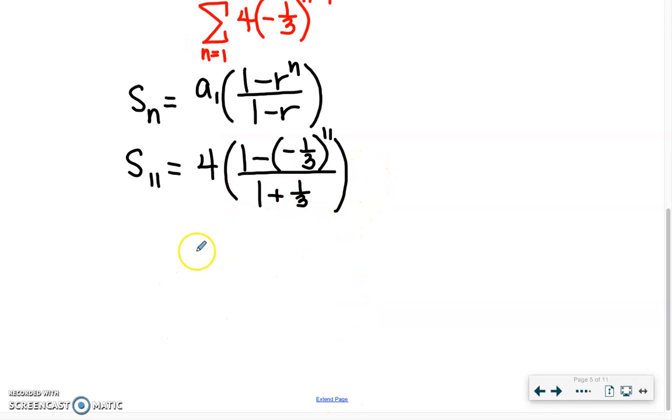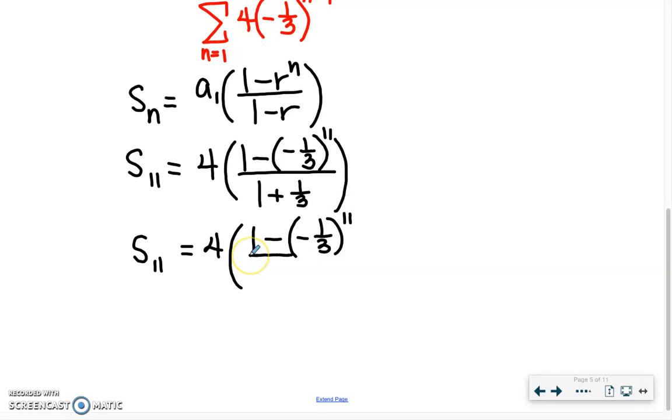This looks really messy. We're going to do a tiny bit of algebra, but then mostly do the rest in the calculator. So I have a 4 out here. 1 minus, I'm just going to leave this as negative 1/3 to the 11th because that's going to be a really, really small number. And 1 plus 1/3 would be 4/3. I guess that's the only thing we can really do to make this look better.